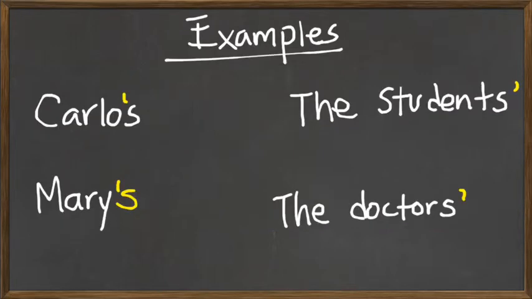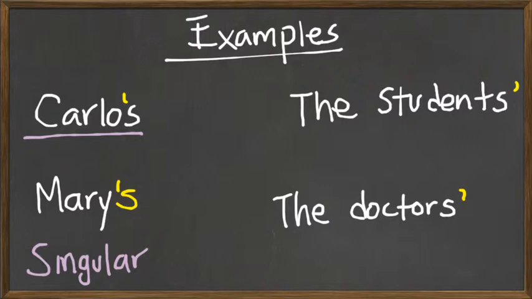Let's check some examples. Examples in singular. Carlos changes to Carlos's in its pronunciation. Mary changes to Mary's. And as you can see, we have both elements.